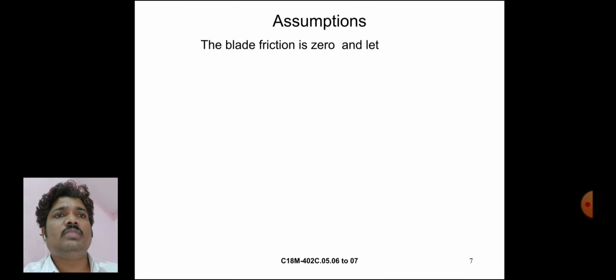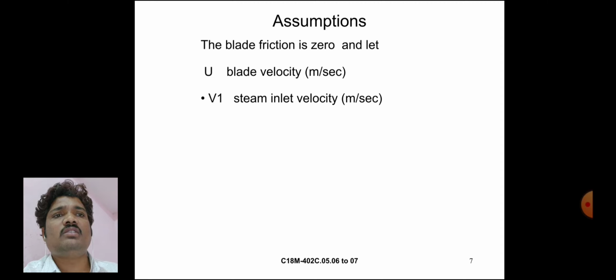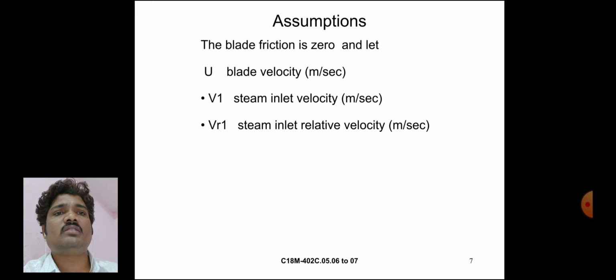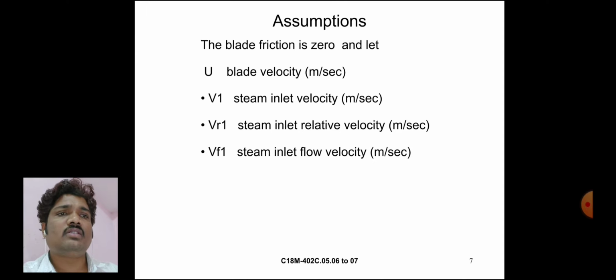Assumptions: the blade friction is 0, and let u be the blade velocity in meters per second. V1 is the steam inlet velocity in meters per second. VR1 is the steam inlet relative velocity. VF1 is the steam inlet flow velocity.